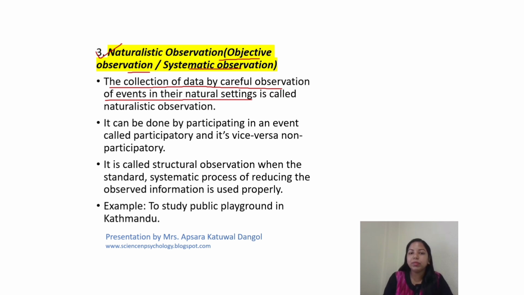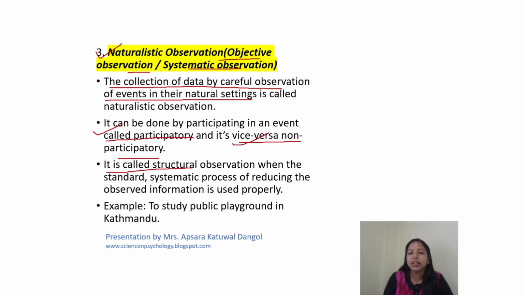It can be done by participating in an event, which we call participatory, whereas if it's done in the absence of the researcher from the event, then it is called non-participatory. If the researcher is participating, it is participatory. If the researcher is absent, it's non-participatory observation.